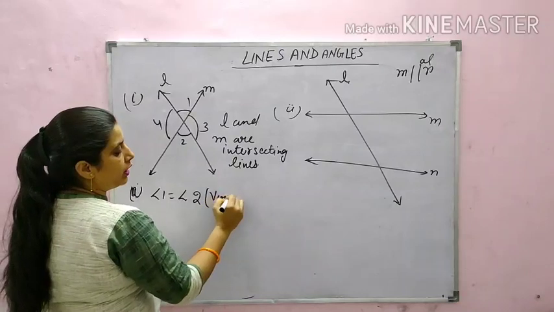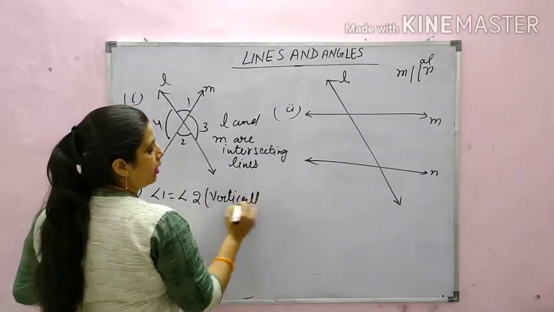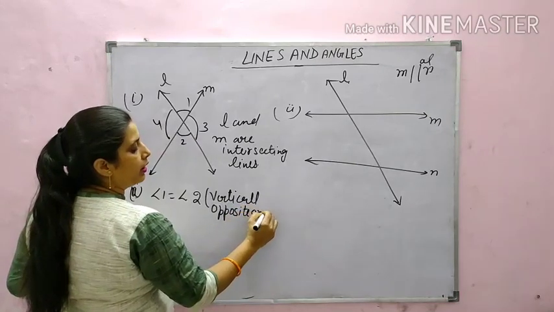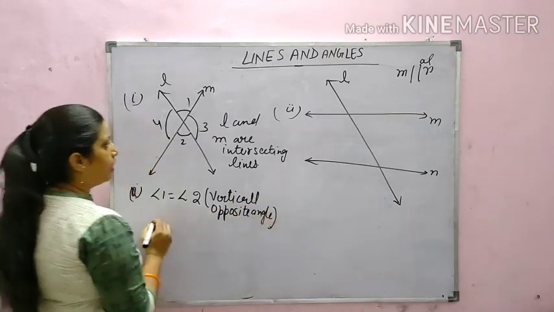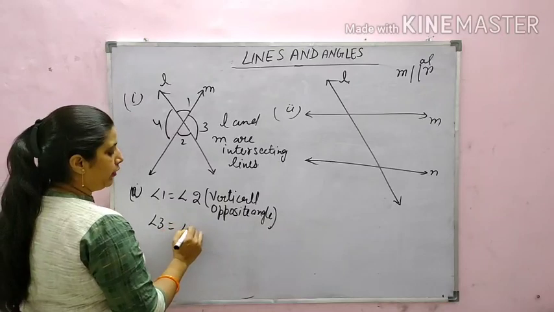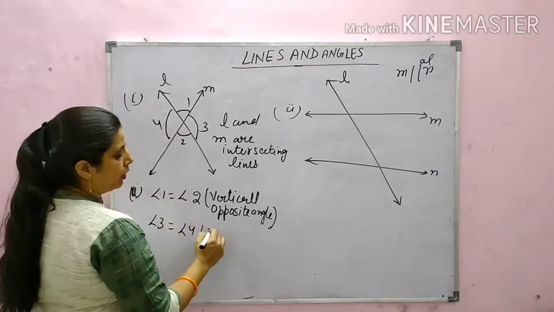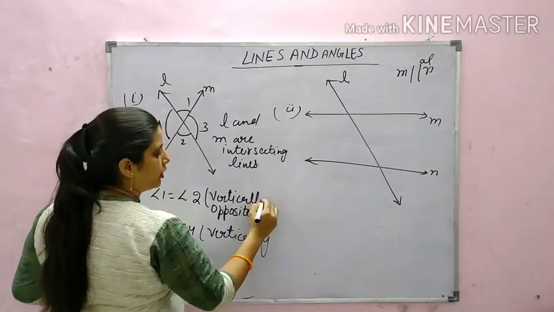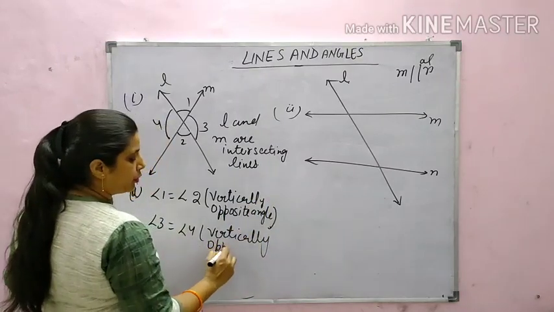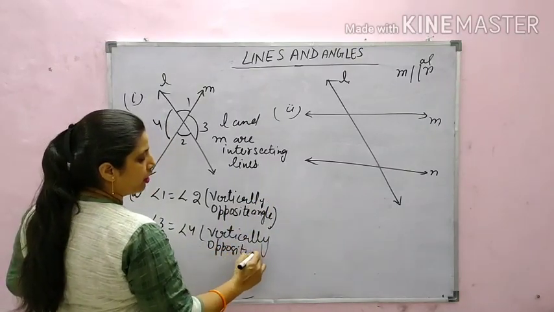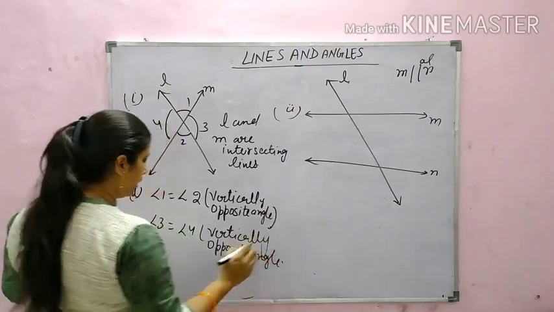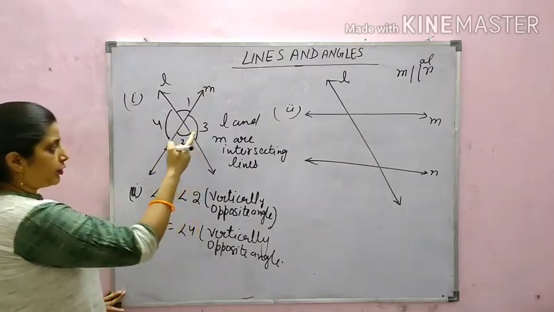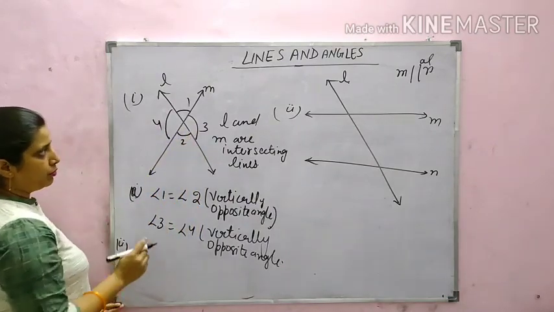This is a vertically opposite angle. Now angle 3 equal to angle 4, which is also a vertically opposite angle. Clear?